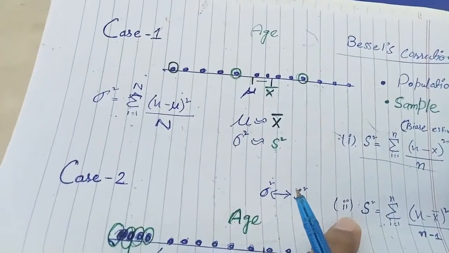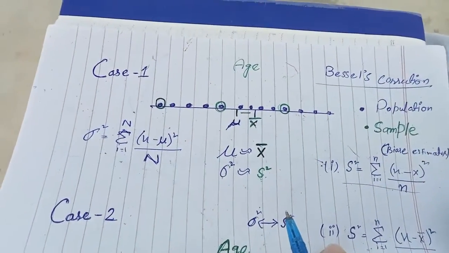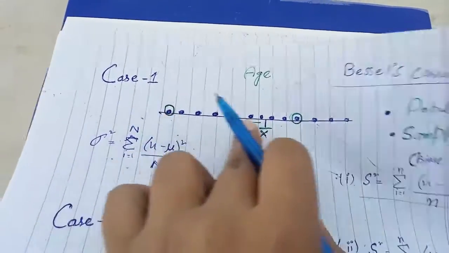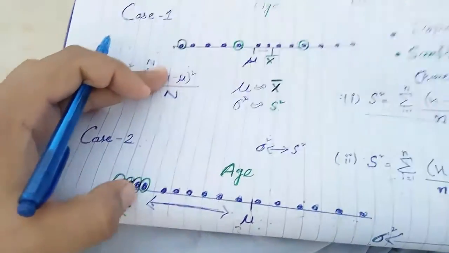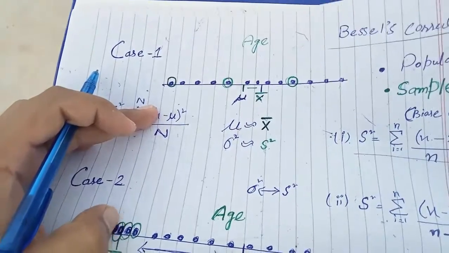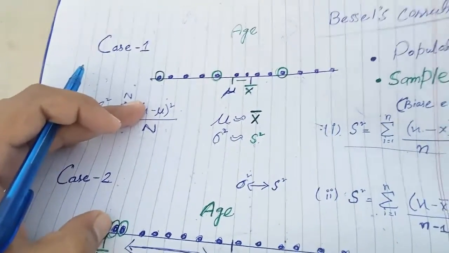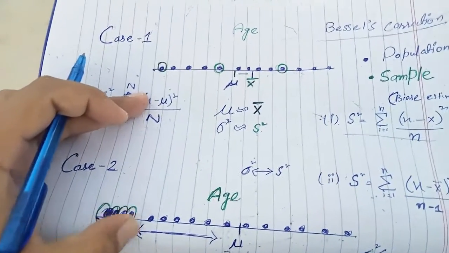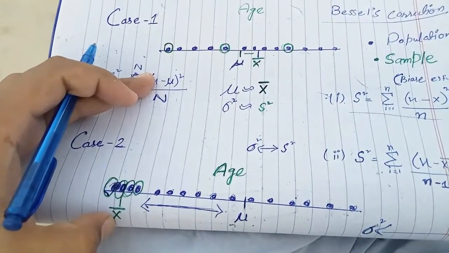Because sometimes what happens is that we take samples from the population, right? Sometimes the data is present in a very simple way, with no skew, but there is a possibility the data is present in a skewed way. At one point a lot of data is present, very compressed, and when we unfortunately take this skewed data set as a sample, there will be differences in the mean, right?